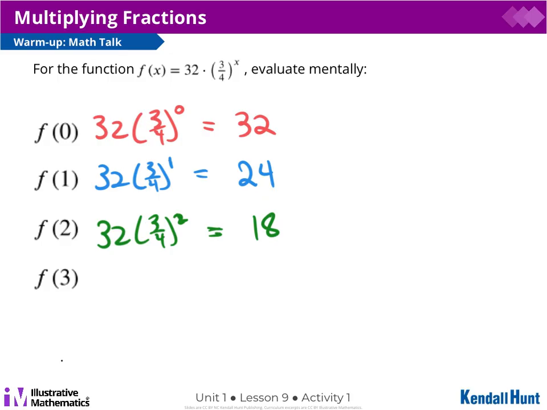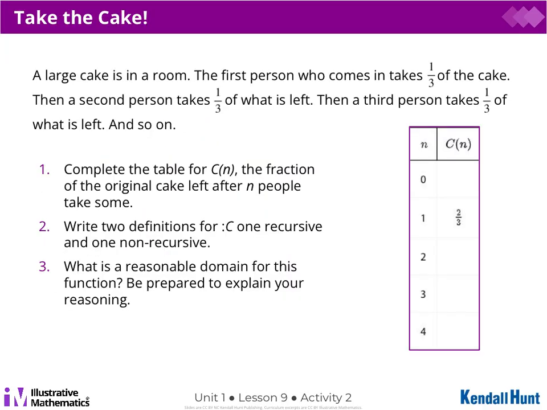And then the last one, 32 times 3/4 cubed. 3/4 cubed is 27/64. So it's 27/2. You can put this in a calculator. The calculator will give you a decimal. Okay, we did something like this before.